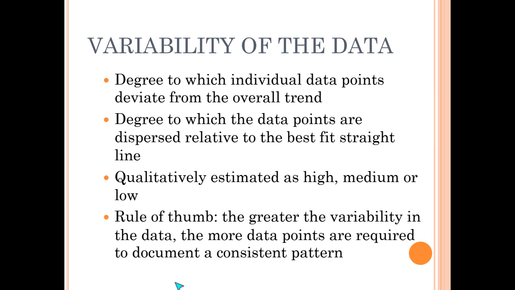And if there's a lot of scatter, then we would talk about a lot of variability in the data. If the data are falling nicely along the same path, then we have very low variability. And that is actually the more desirable aspect, that there is very little variability.